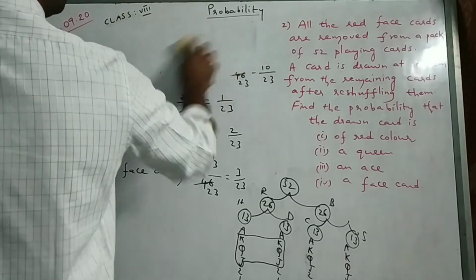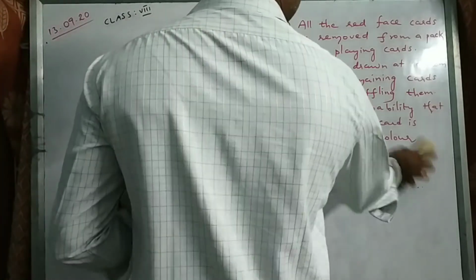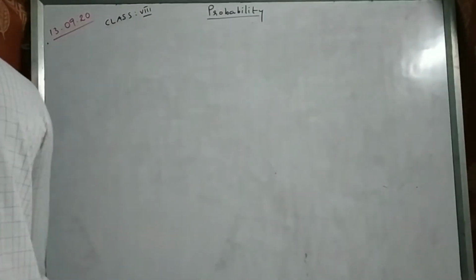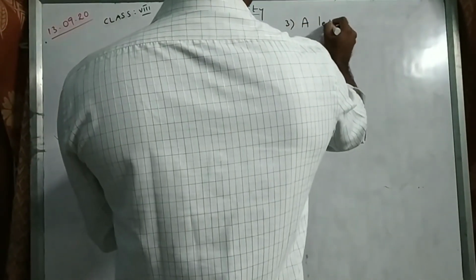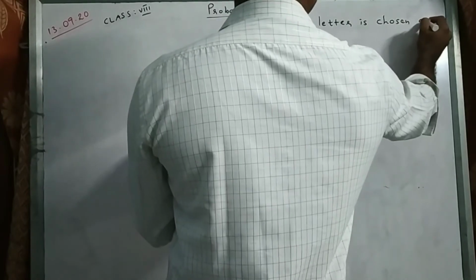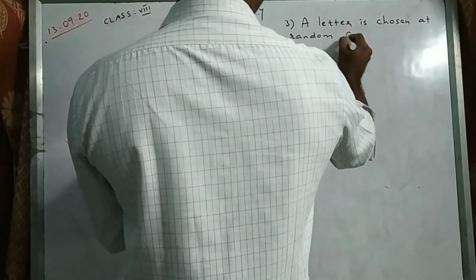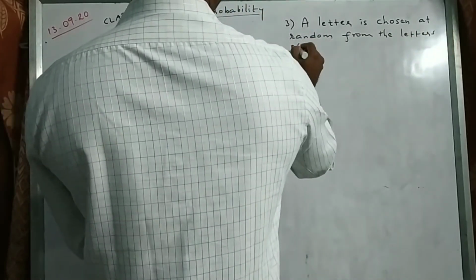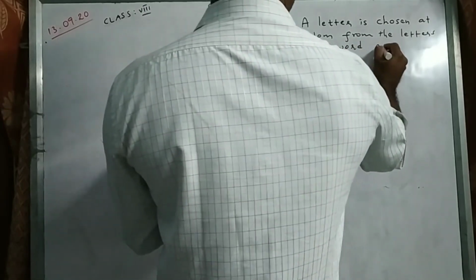Next question. Third one. A letter is chosen at random from the letters of the word algebra.